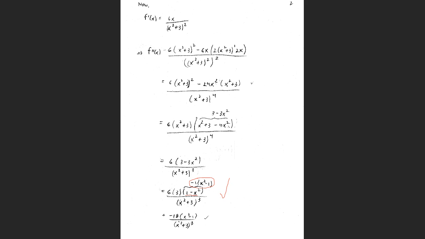And then what happens is the 6 times the 3 times that negative 1 give you the negative 18. And so the second derivative, okay, yeah, that's how. That's right. Well, you know, I'm more comfortable with x squared minus 1 than 1 minus x squared.